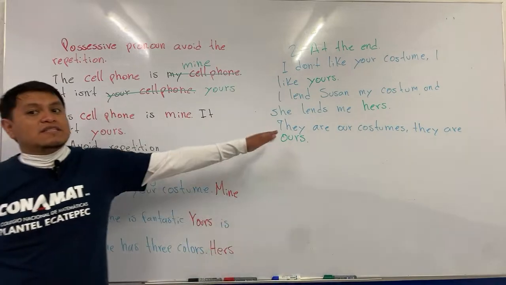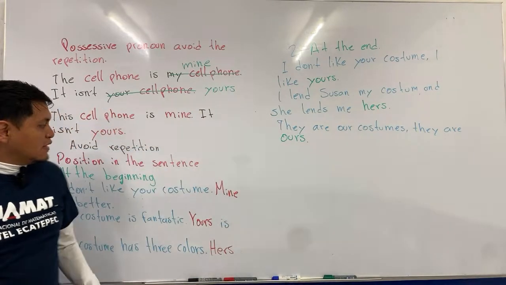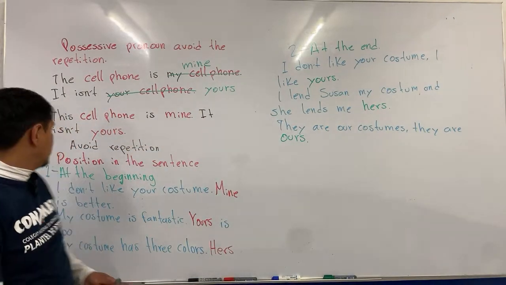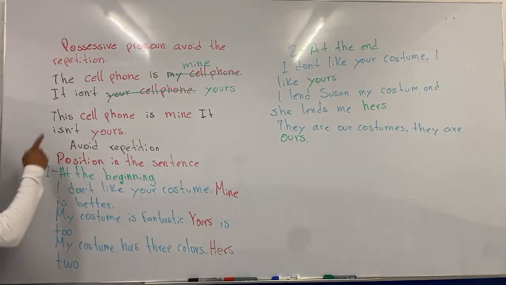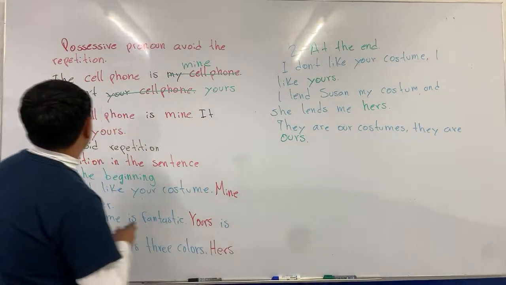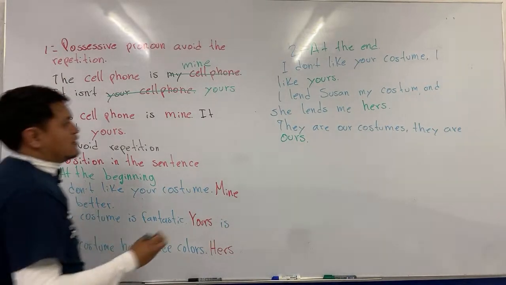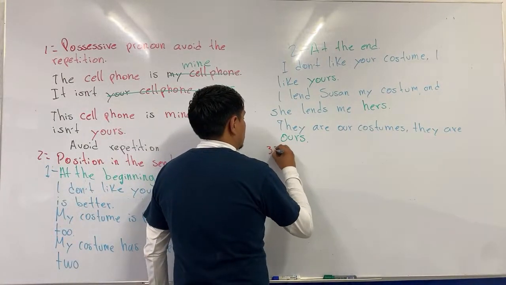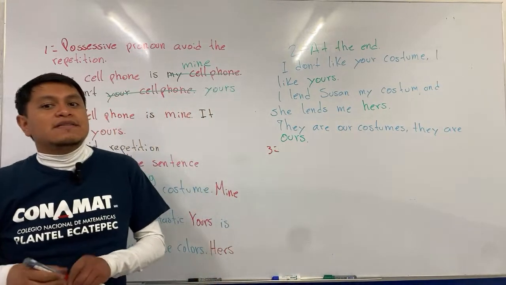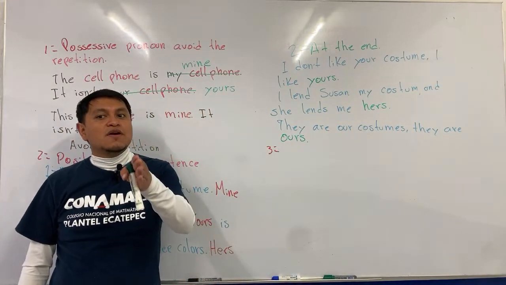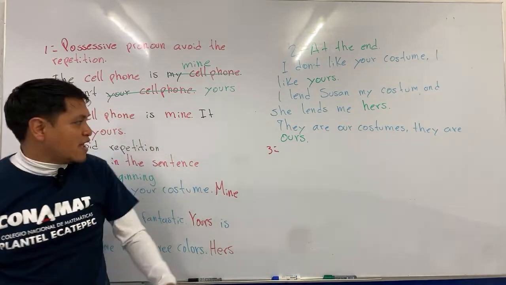At the end of the sentence. Now, next part of this topic: first, second, third part. This is the first part, this is the second part, and this is the third part. The third part: possessive pronouns with plural or singular nouns.